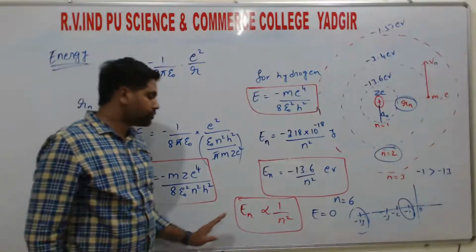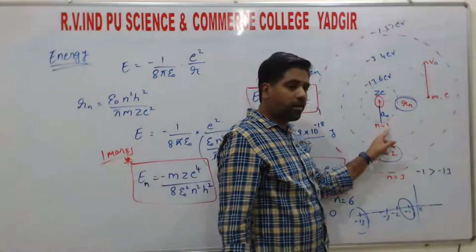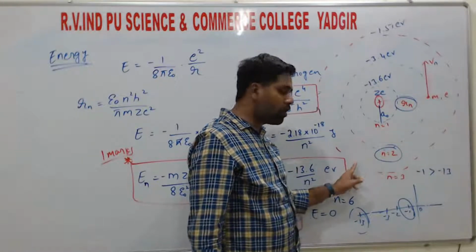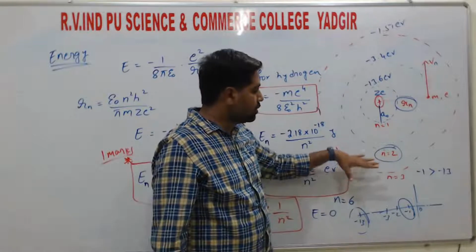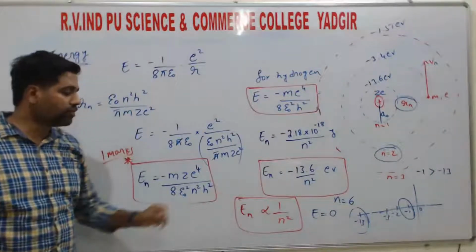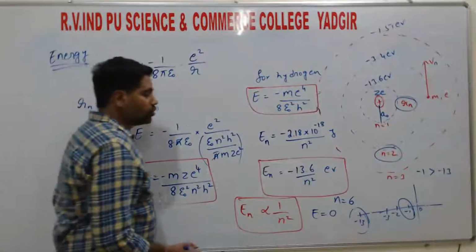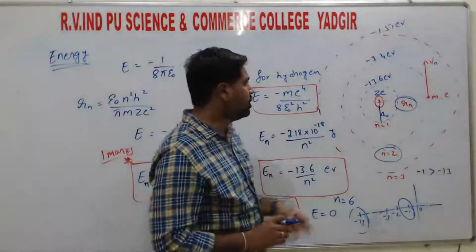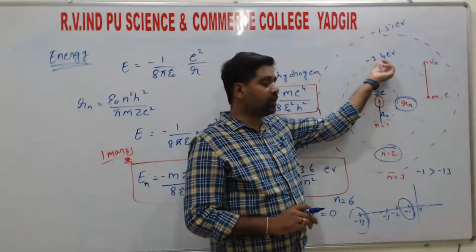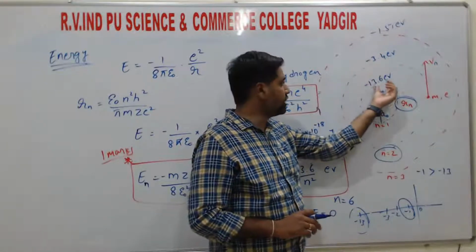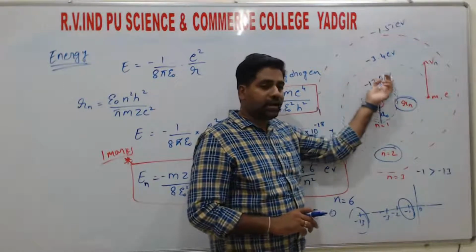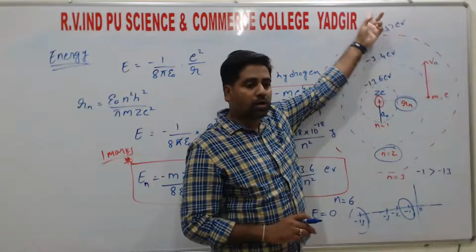In the lower orbits the energy is less, and as the orbit number increases, in the outer orbits the energy is more. So if we say the energy of the inner orbit is greater than that of the outer orbits, that becomes wrong, because the inner orbit energy is less compared to the outer orbits.